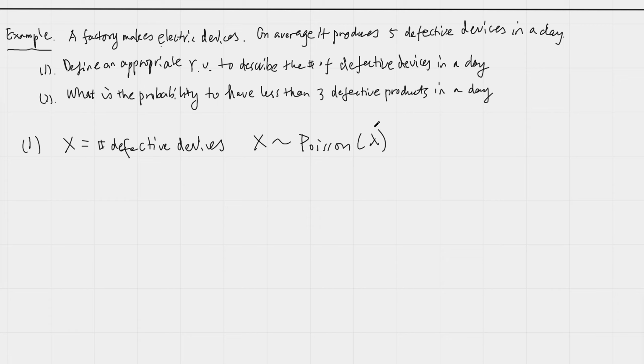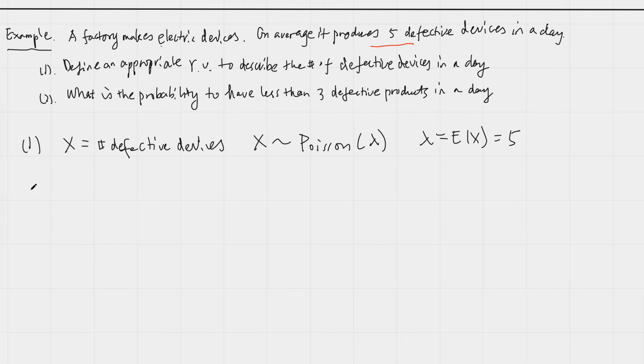We showed in the previous page that lambda can be interpreted as the expected value of x, or the expected number of defective devices in a day. And in the question we know that there are 5 defective devices in a day on average, which means lambda is equal to 5.